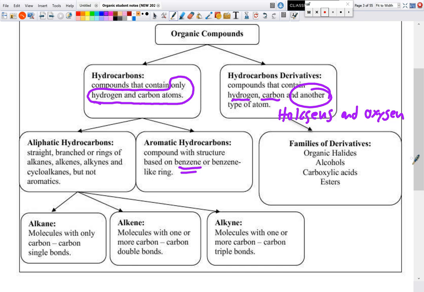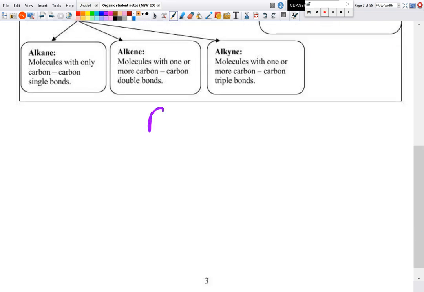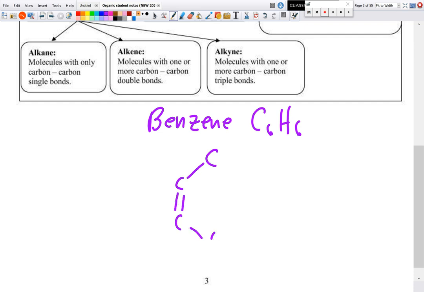So, first of all, I know you're looking at this like, what is benzene? Well, benzene is C6H6. And how this looks is going to be like this. So we have what is called a rotating double bond.